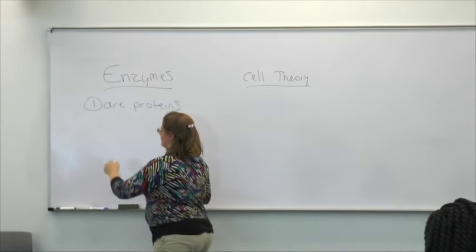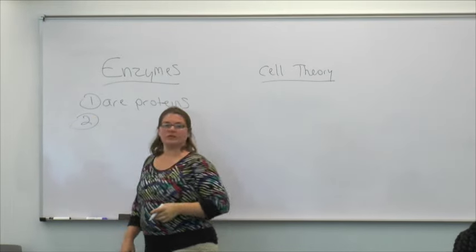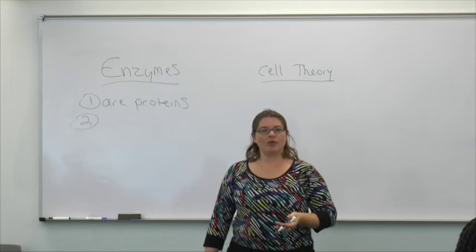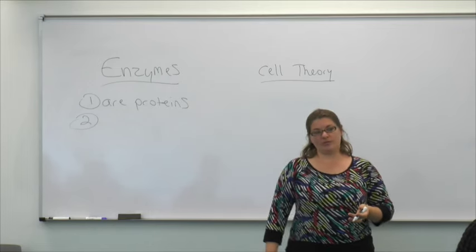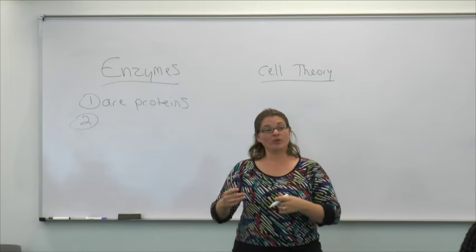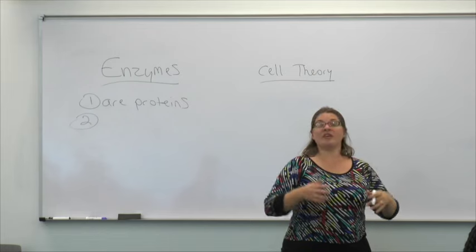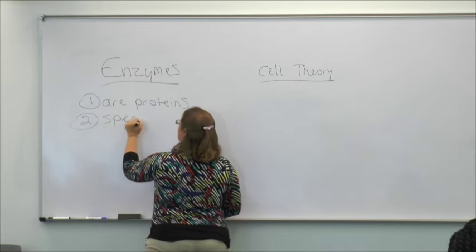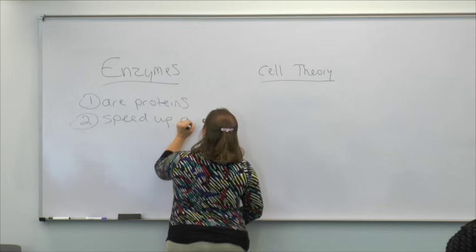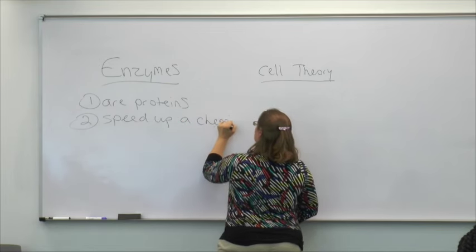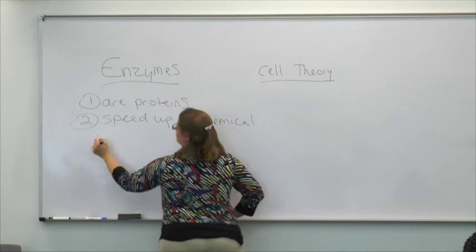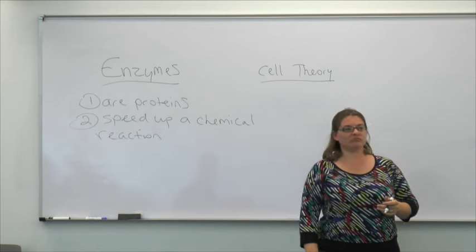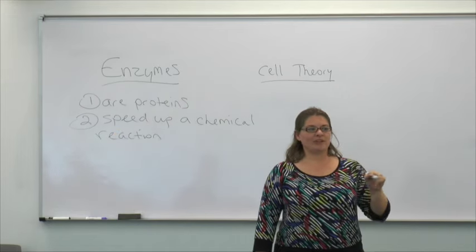Enzymes are proteins. What is their function? What do they do in a chemical reaction? Okay, well, do they make it slower or do they make it faster? Faster. They make it faster. So enzymes speed up a chemical reaction by doing what? They do something with the activation energy.